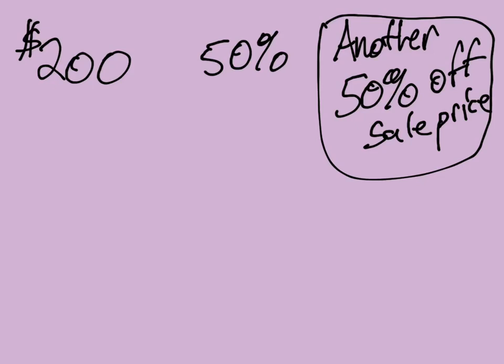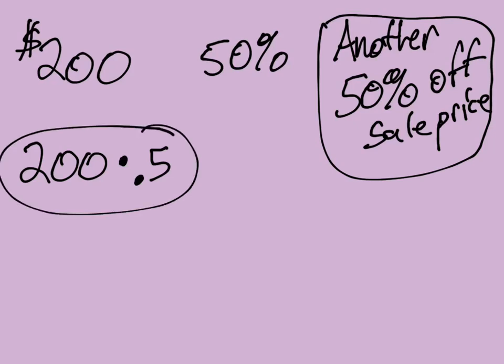What it is: $200, take away 50%. That means you're paying 50%. So we multiply that by 0.5. And so then we have this is now the new sale price.